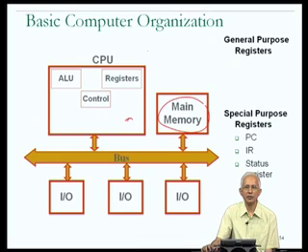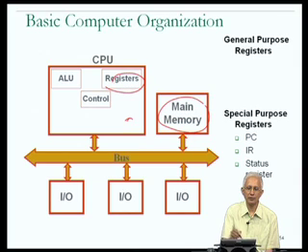And the IR, or the instruction register, always contains the instruction which is currently being executed by the CPU. Then we have the general purpose registers, of which we saw there could be, let's say, 32 inside the processor. So when I talk about both special purpose and general purpose registers, I'm referring to this box over here.